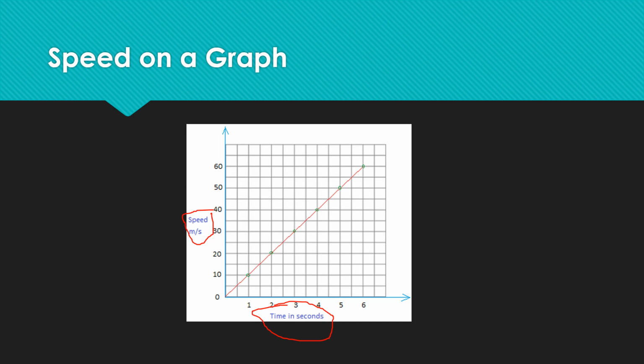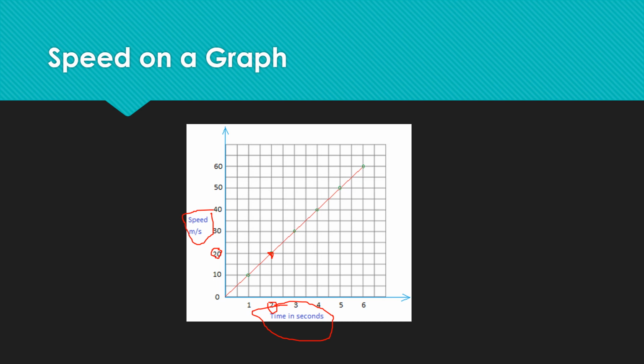But in this case, if I asked you how fast a car was going over time, I could ask how fast was the car going at 2 seconds. You can see at 2 seconds, this lines up at the line right here, which means that the car is going 20 meters per second at the exact time of 2 seconds.